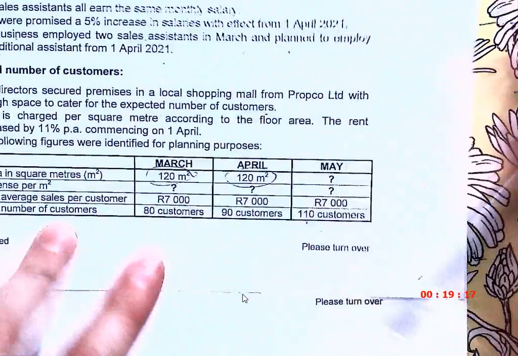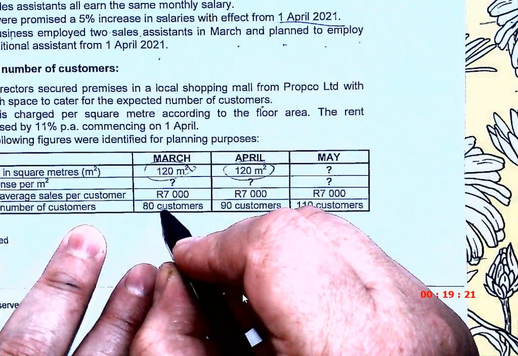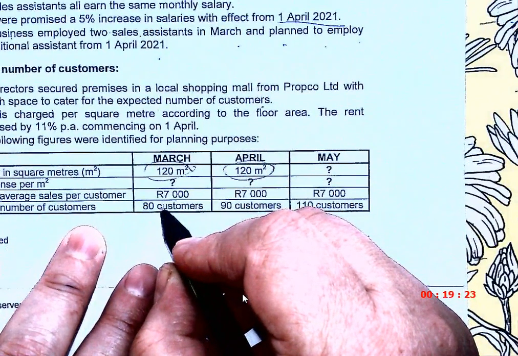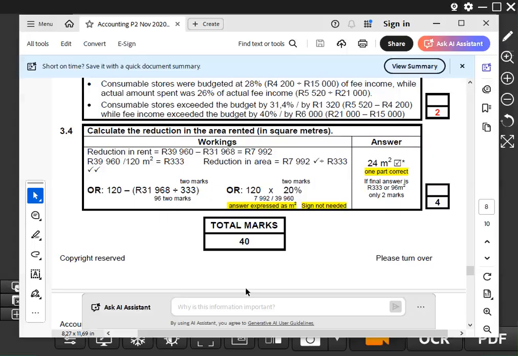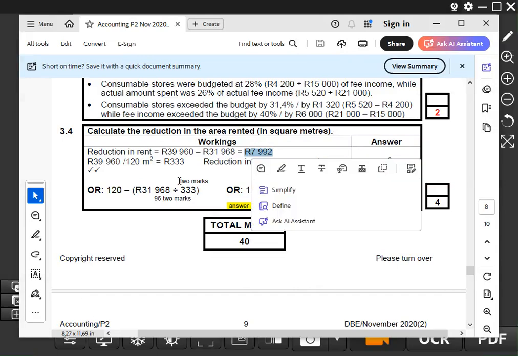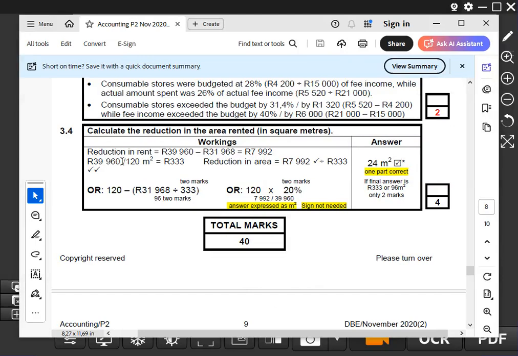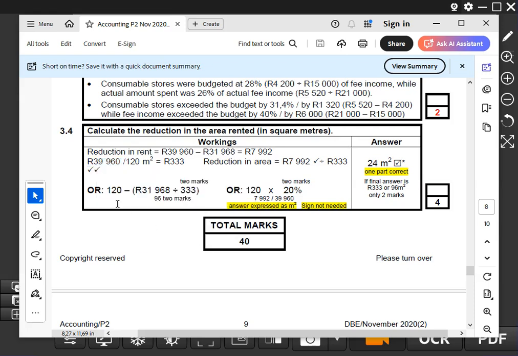So for 7,000, for 80 customers. Can you see, for the 7,992, there it is. Okay, then they took the 39, that was the budgeted, and they divided it by the budgeted customers. No, by 120.